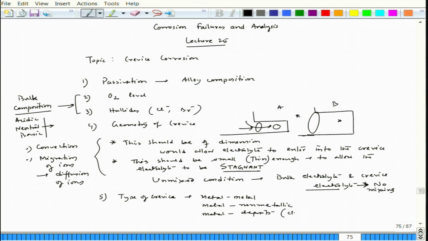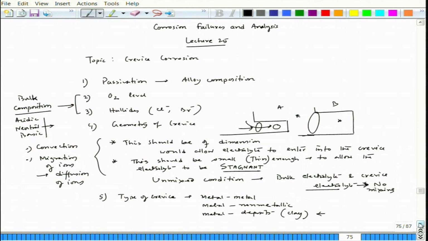You can say clay deposit. Okay. So, that could also lead to a problem. For example, in this case one can also think of a plastic bolt falling at the bottom of a water tank made of mild steel. So, that could also lead to a crevice.